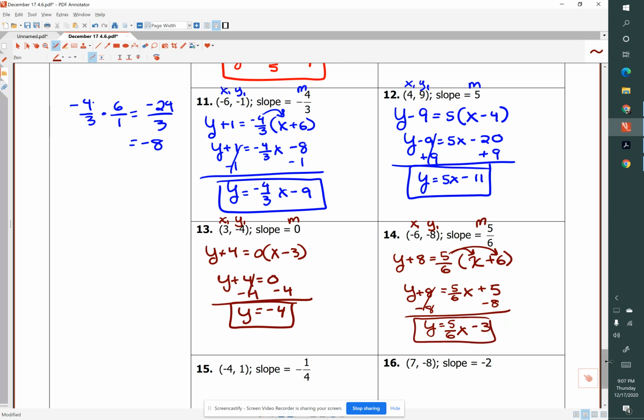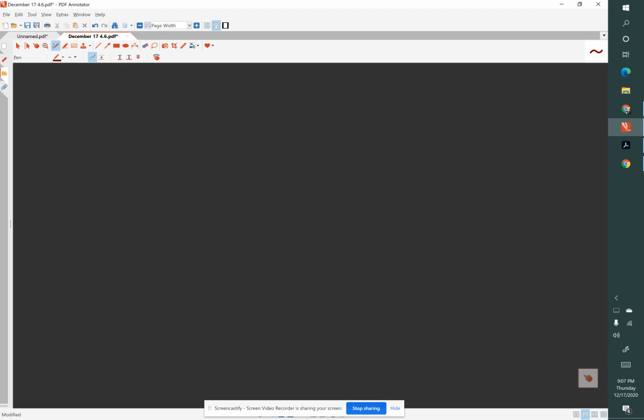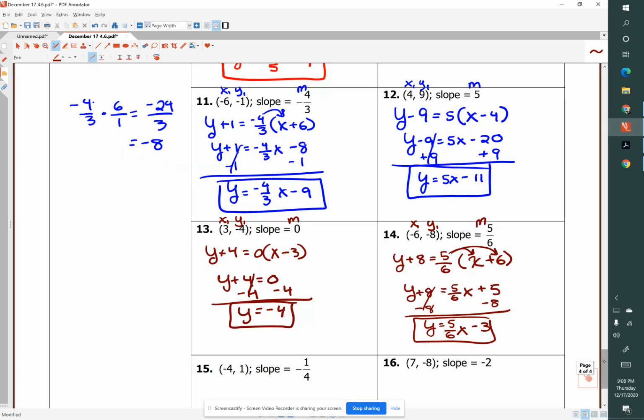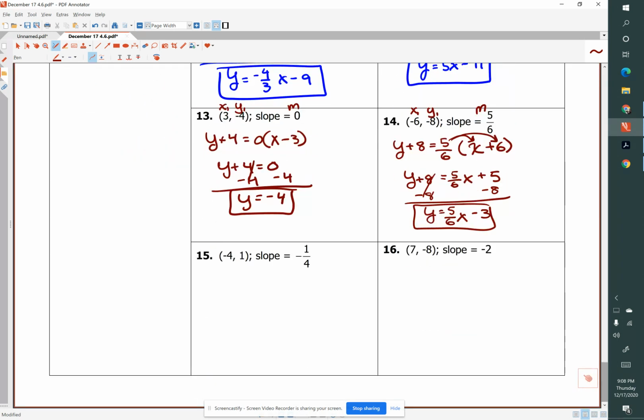Okay, last 2 problems before we go on to our exit ticket. We have our x sub 1 of 4 and our y sub 1 of 1 and a slope of negative 1/4. So y minus 1 equals negative 1/4 times the quantity of x minus negative 4 is plus 4. Now we distribute.